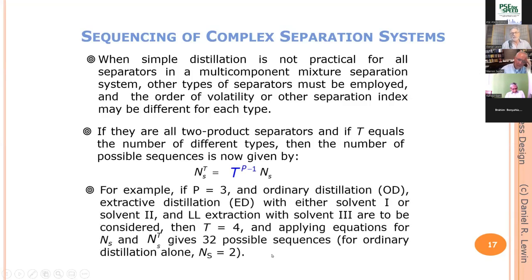So, for example, if we had only 3 products and we want to consider both ordinary distillation, extractive distillation with 2 solvents, that's already 3 alternatives, and also liquid-liquid extraction with a 3rd solvent. Now the number of types of separators is 4. So we now calculate on this equation, and instead of just 2 possible sequences that we saw before, we would already require 32 sequences. And these things have to be considered. Given the large number of alternatives, obviously, we're not going to simulate all of these. Students do need to graduate at some point. So obviously, we don't want to overload them with 4 years of calculations.